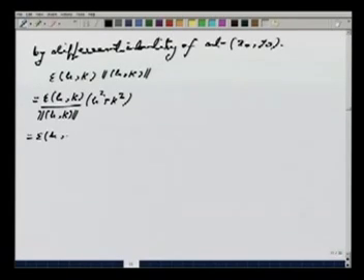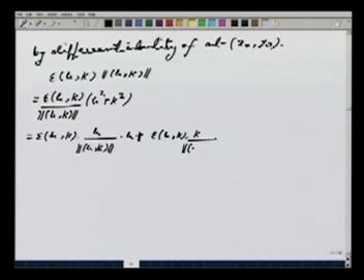So this now I write as epsilon hk times h by norm hk times h plus epsilon hk times k by norm hk times k.